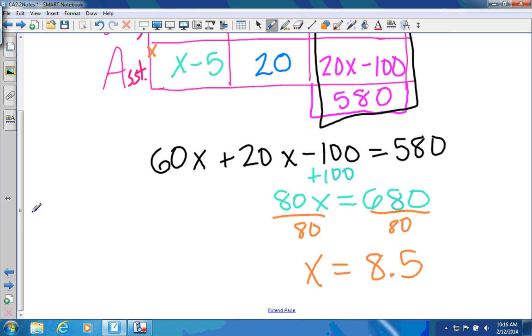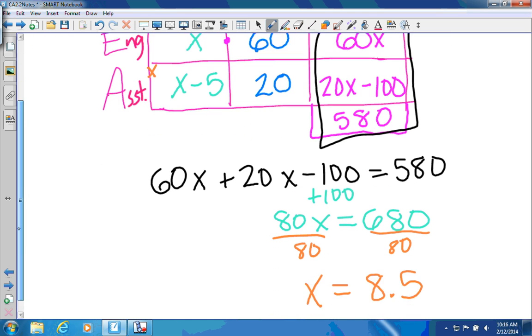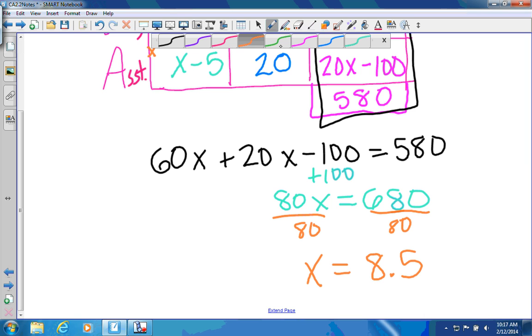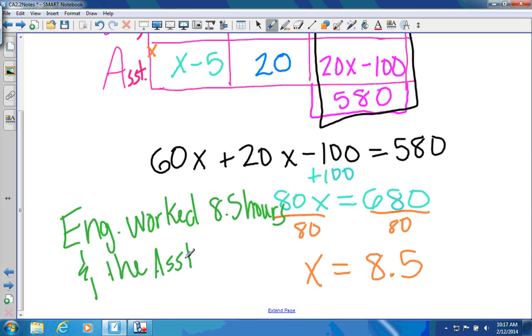And so now x in our table represented the engineer's number of hours worked. And the question wants to know how long both of them did. So then you would say the engineer worked 8.5 hours, and the assistant worked how many hours?